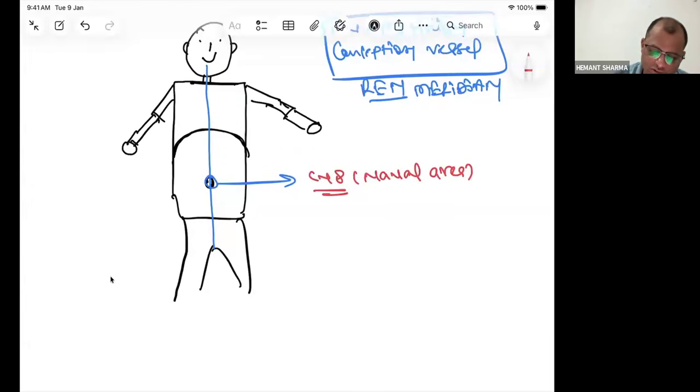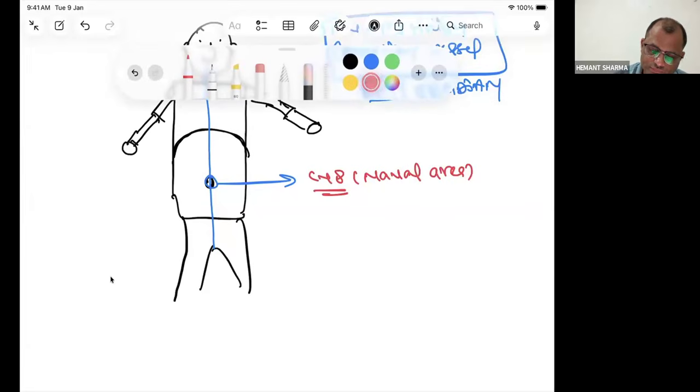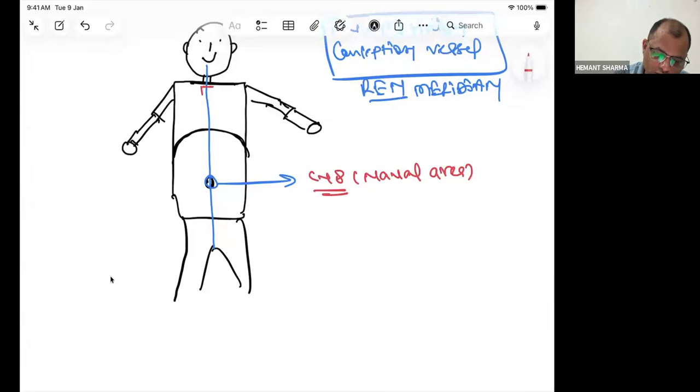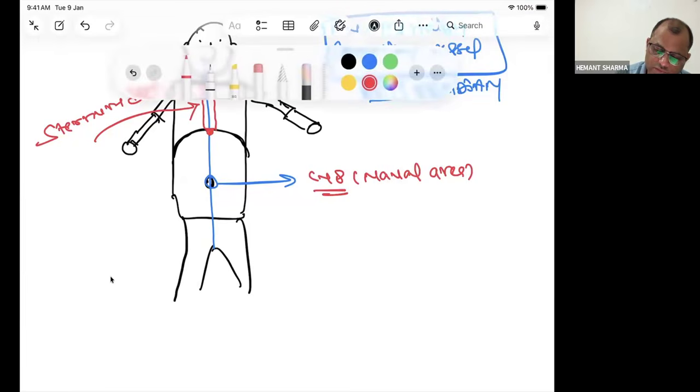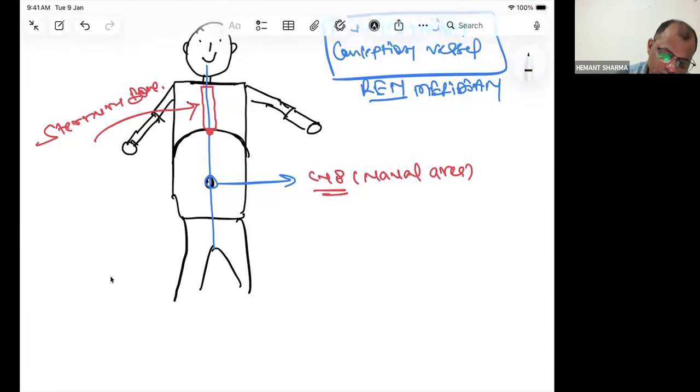Now in the chest cavity we have one bone. This bone is called the sternum bone. What is the name of this bone? It is the sternum bone. And here on both sides of the sternum bone there are two nipples.